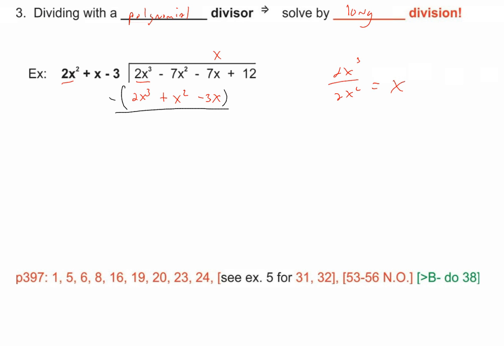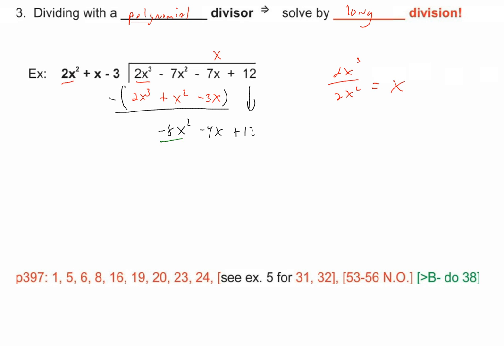Front term's gone. Second term, negative 6x squared minus negative... negative 8x squared. Beware, that's usually where the mistakes come. Negative 8x squared minus 4x. Bring down the 12. See how you're doing the same things over and over again once you get it down?